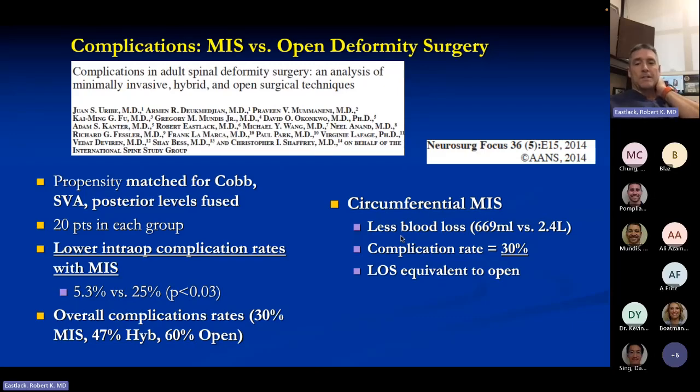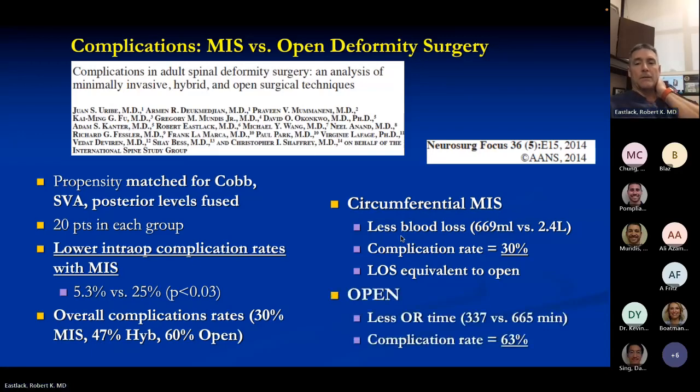Again, less blood loss, and notably the length of stay was equivalent. And that's something that we'll revisit in terms of a concept and where that is influenced and the meaningfulness of it. The open group had less OR time, a complication rate of 63%.